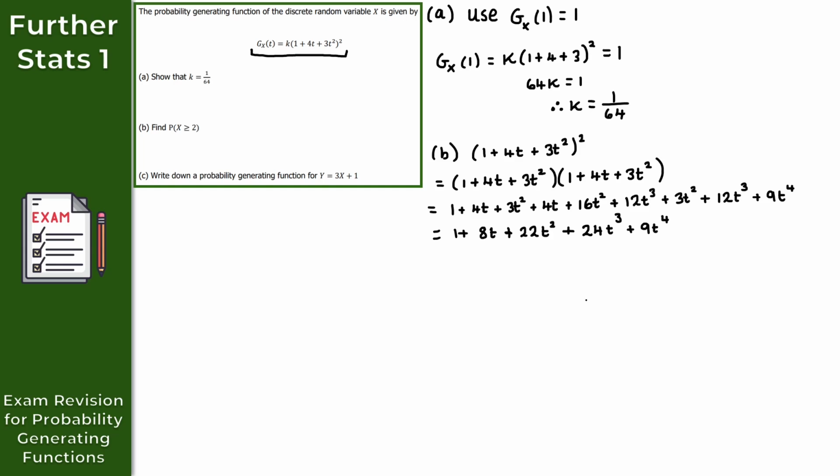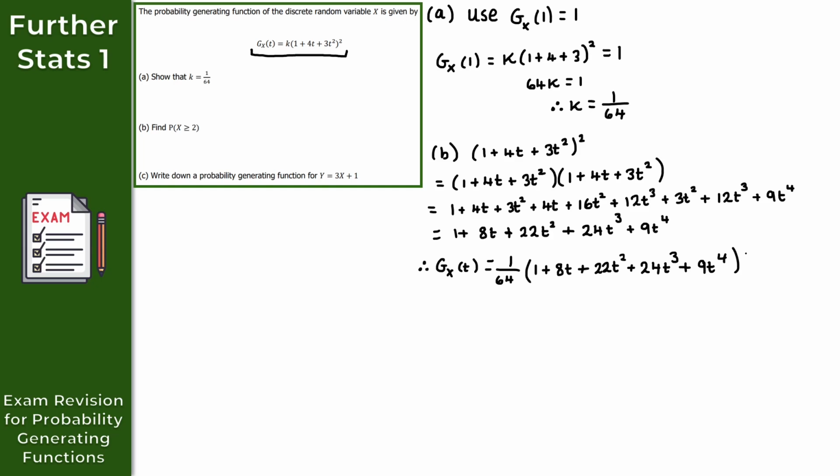Clearly for this PGF, don't forget we need to times it by k. What I've basically done here is find this expansion, I just now need to times it by k. So in that case, g of x in terms of t is equal to 1 over 64 times this expansion: 1 plus 8t plus 22t squared plus 24t cubed plus 9t to the power of 4.